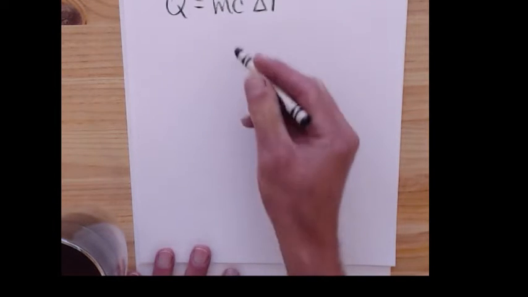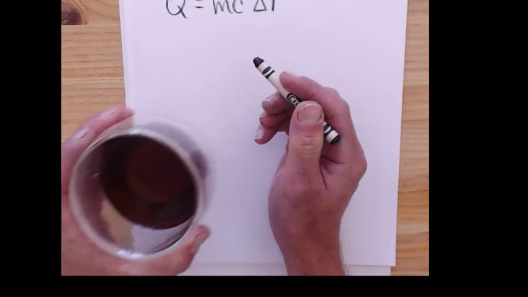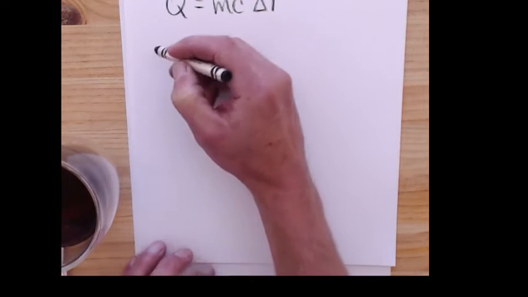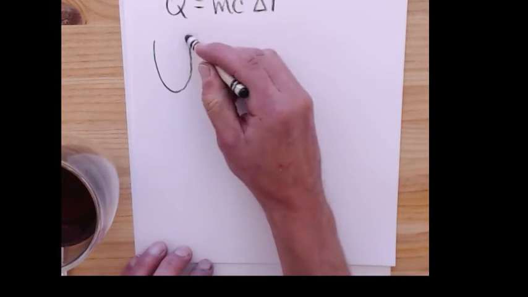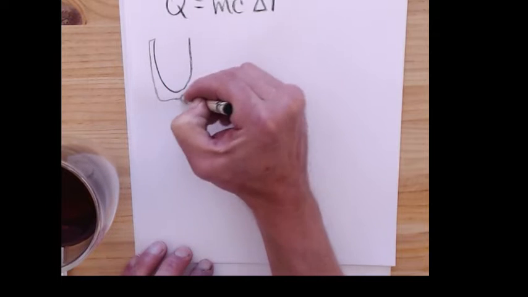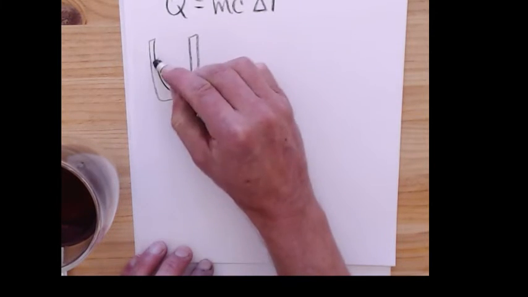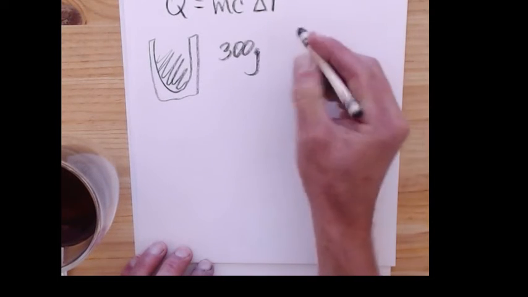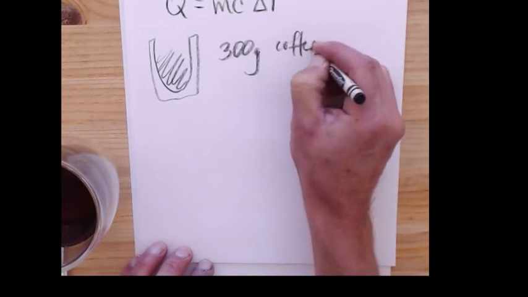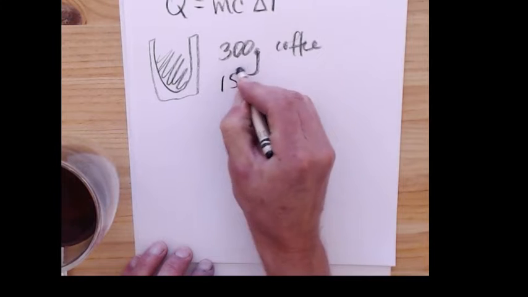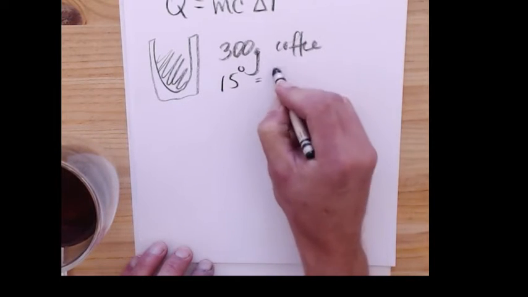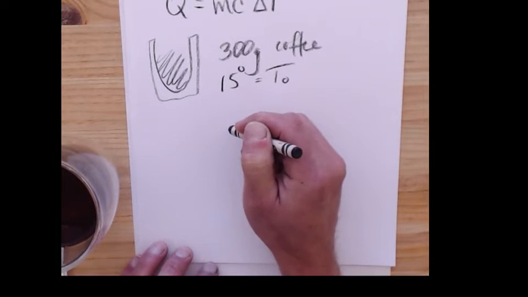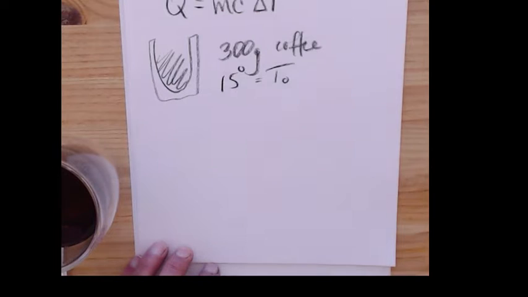So let's take this cup of coffee, my fancy cup. I have 300 grams of coffee. It's originally at 15 degrees. That's my T initial.